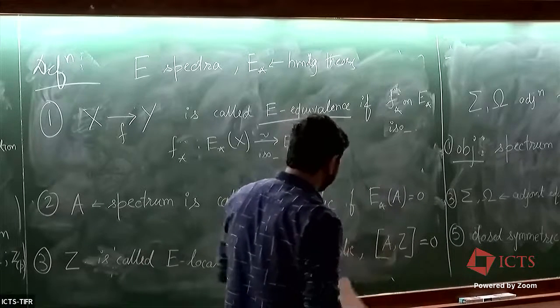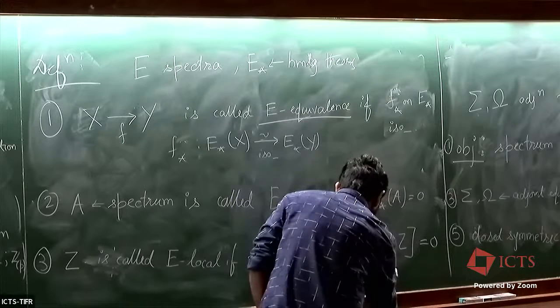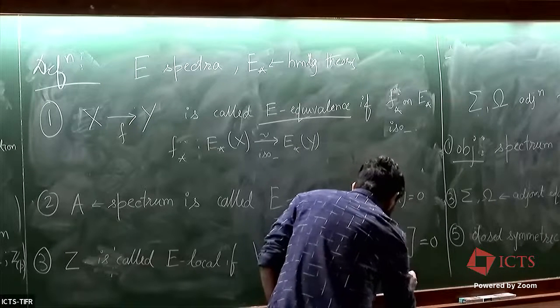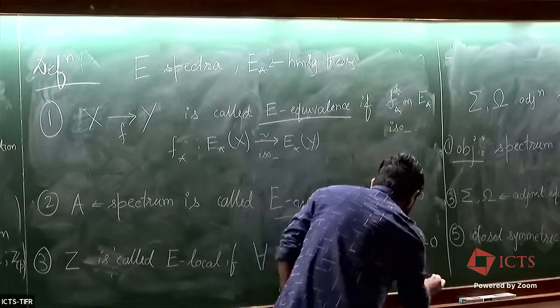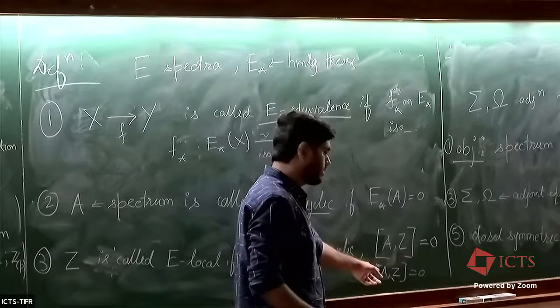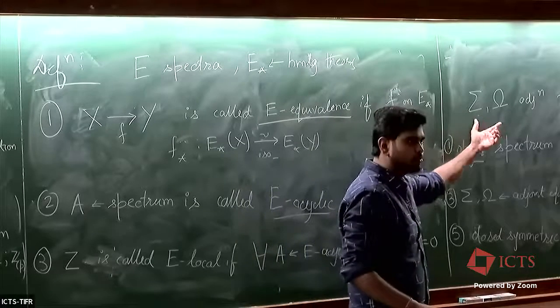And not only that, actually maps from suspension A to Z are 0 for all suspensions, for all stars. If star is negative, the suspension inverse is nothing but the loop.